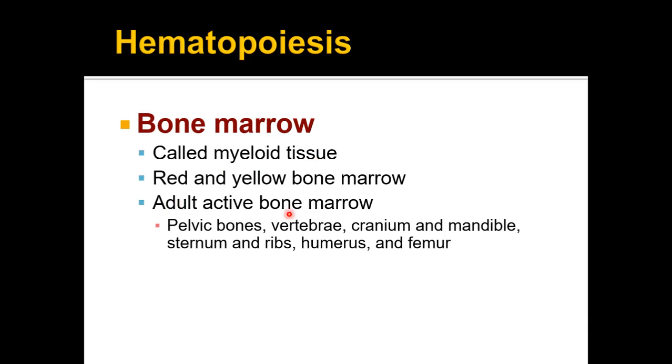We've got red and yellow bone marrow, and I know you guys can read this, so I'm not going to highlight too much of this, but in adults we do have active bone marrow because we're constantly producing new white blood cells and new red blood cells, and here are the areas where we have active bone marrow in the adult body.